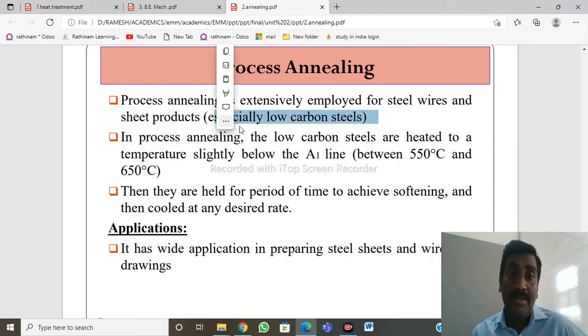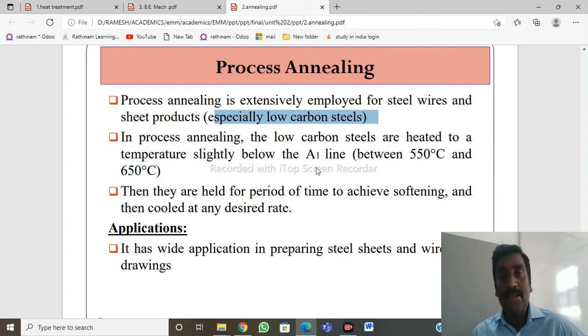because low carbon steels, as we already know, have the lowest carbon percentage, so the hardness number is also a lower value and they have low strength, but they have good ductility and tensile strength and other properties. Okay, so for this material we do process annealing.